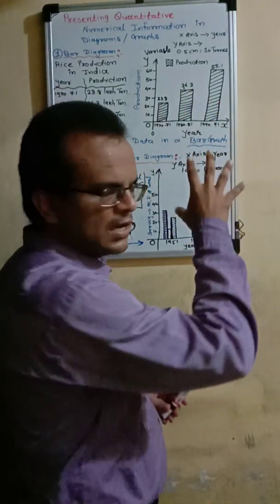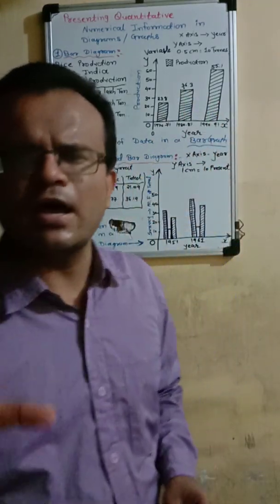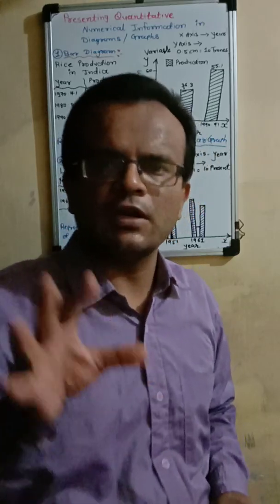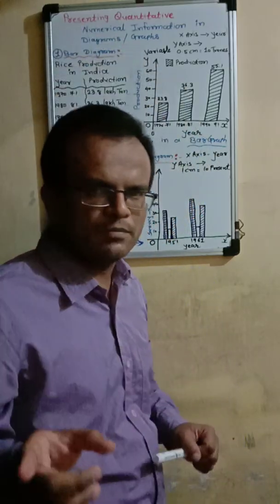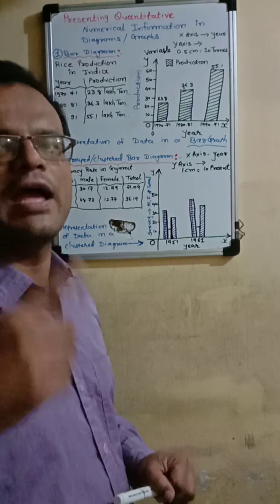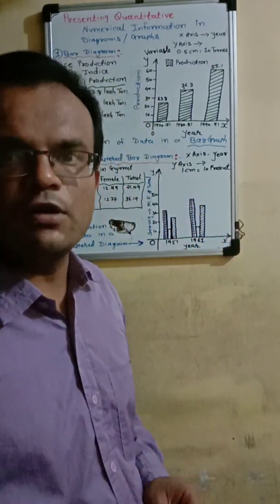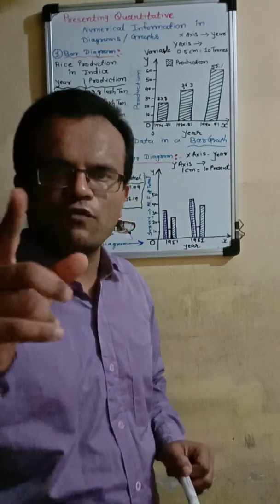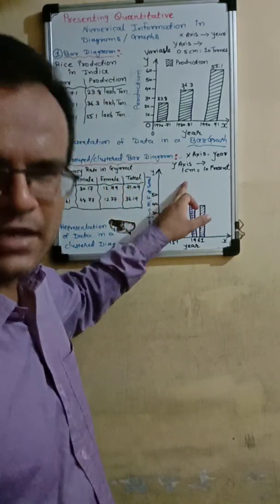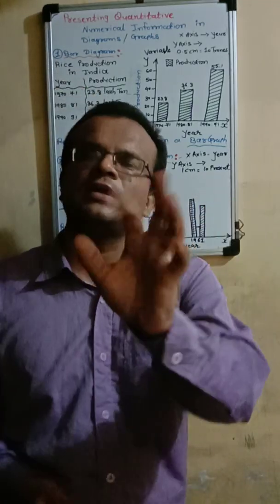In each and every diagram or graph, particularly in a graph, you have to mention what you have put on the x-axis and what you have put on the y-axis, particularly the scale. In the cluster diagram, on the y-axis, we have taken 1 centimeter equal to 10%.